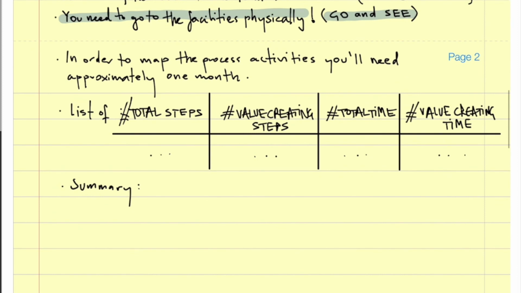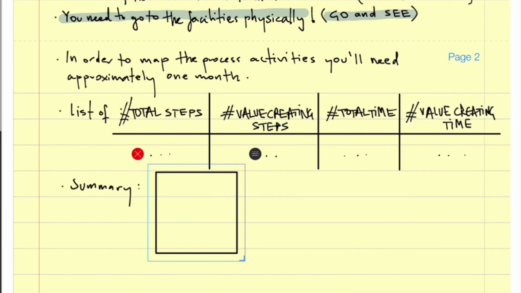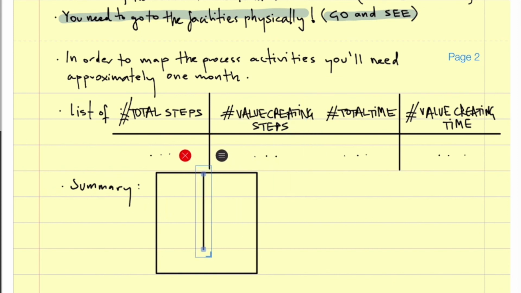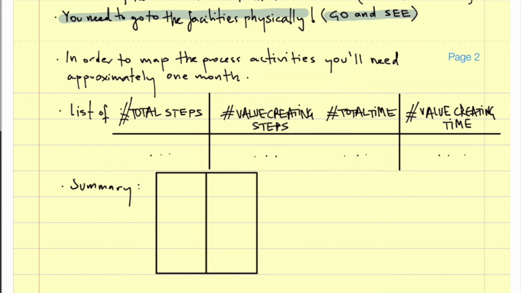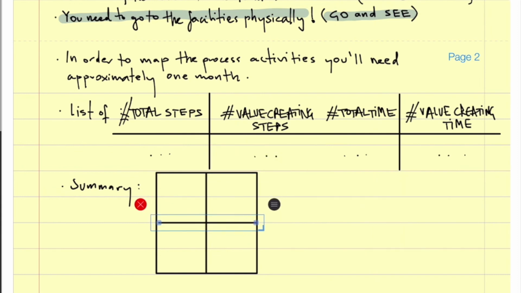Summary, which is basically something like this. I mean, you can find all this information in the PDF. Horizontal line.